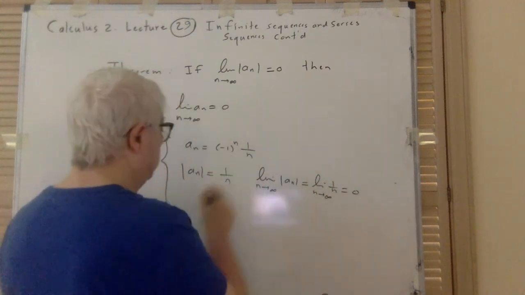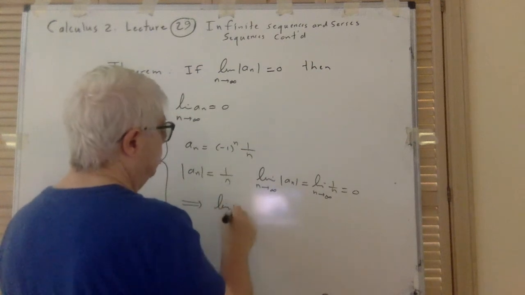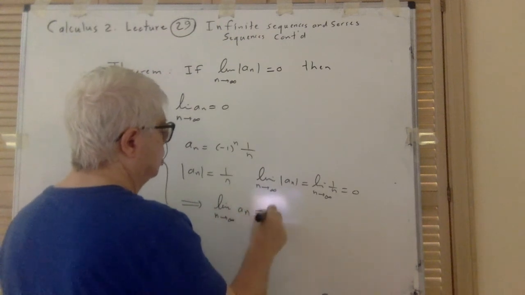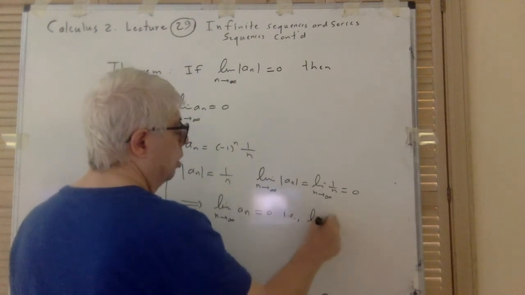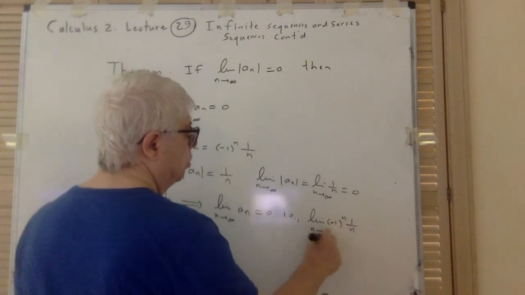So this implies that the limit of minus 1 to the power n times 1 over n as n goes to infinity is also 0.